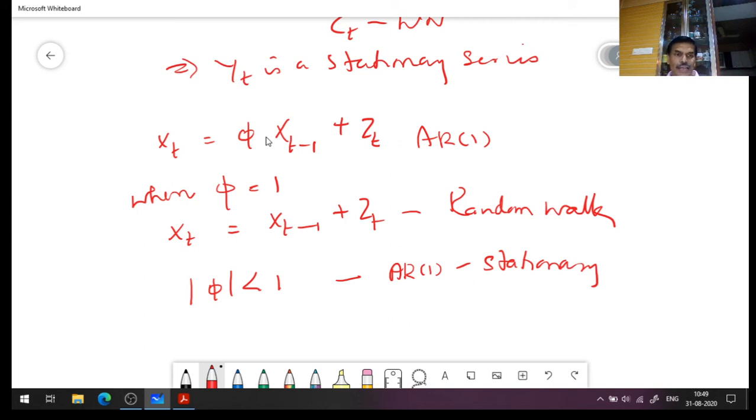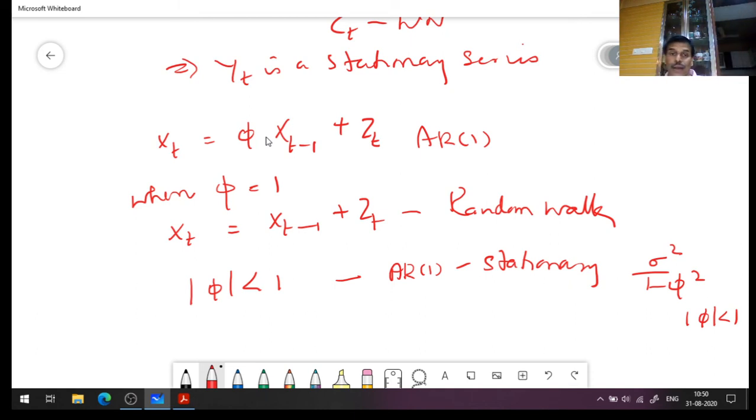You have a unit circle, and you are considering all values of phi within it. If phi is equal to 1, on the unit circle, you have a problem, and we have seen that also. If you remember, the variance of an AR(1) was sigma squared upon 1 minus phi squared, and this is defined only for absolute phi less than 1. So you don't have weak stationarity beyond this. That means if it is on the boundary or above that, it doesn't happen.